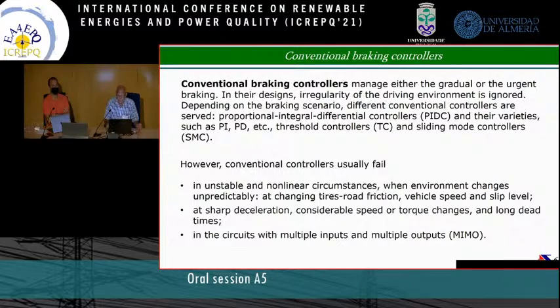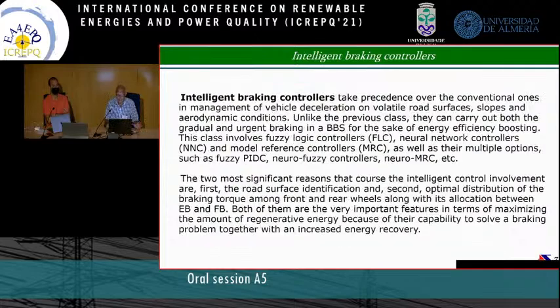This is why we come to the next stage, intelligent braking controllers. Among the intelligent braking controllers, we studied different approaches. At the previous conference here, I discussed fuzzy logic controllers. Today, we try to use neural network controllers for this purpose.